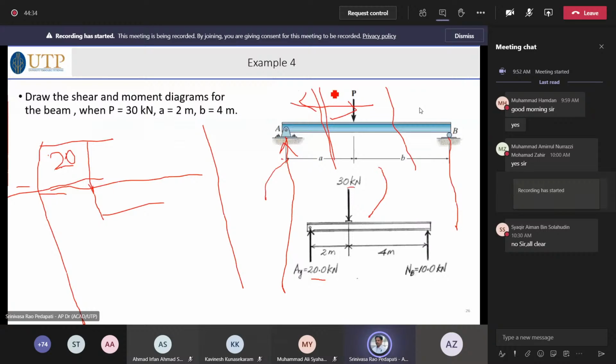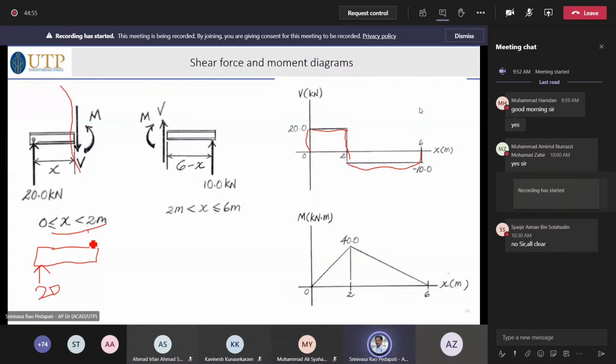So on the left side, you go until here. So obviously it will be joined. You can also check in the other way. Another section here, for example, a longer section, which means you have 20 kilonewton acting here, and somewhere here 30 kilonewton is acting.